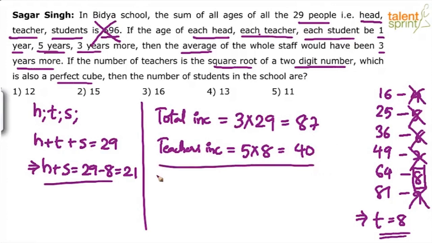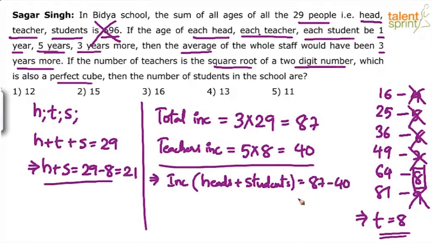Which implies the increment in heads plus students is equal to 87 minus 40, 47. Are you able to follow? Total increment is 87. The increment in the age of teachers is 40.